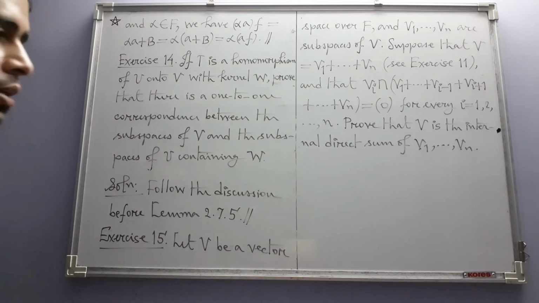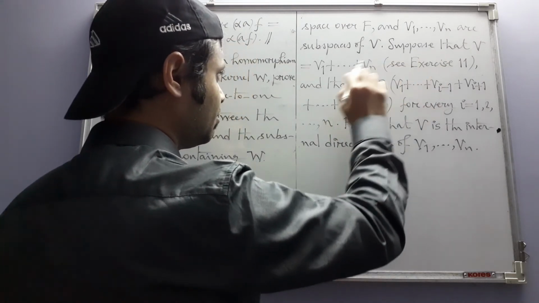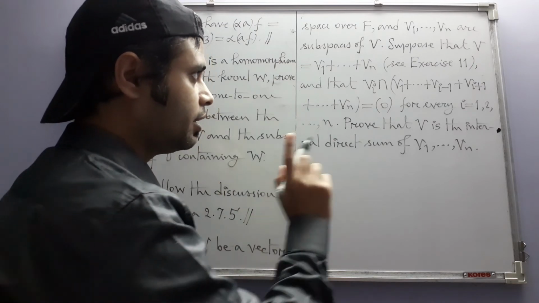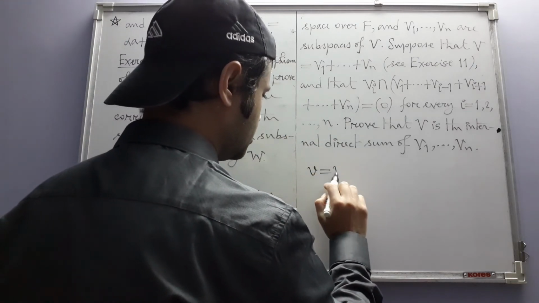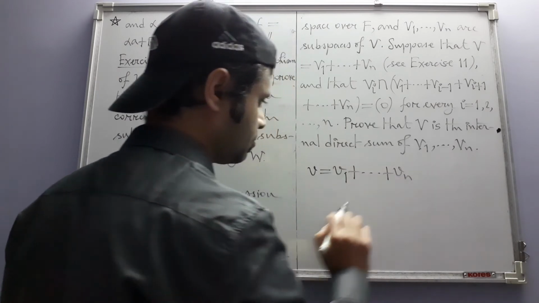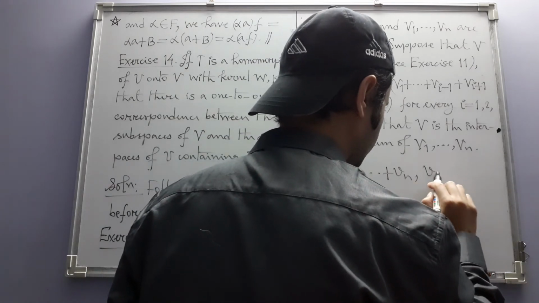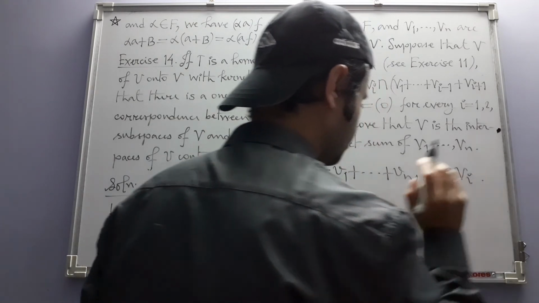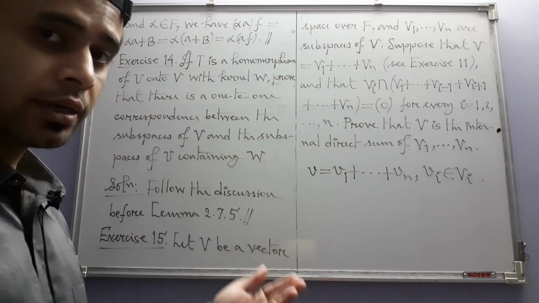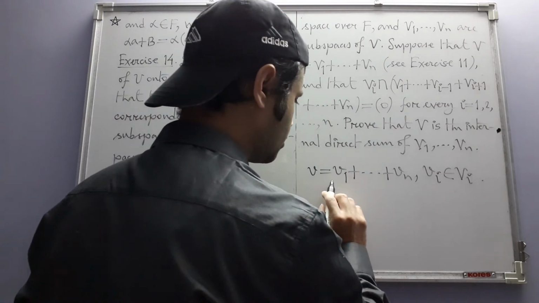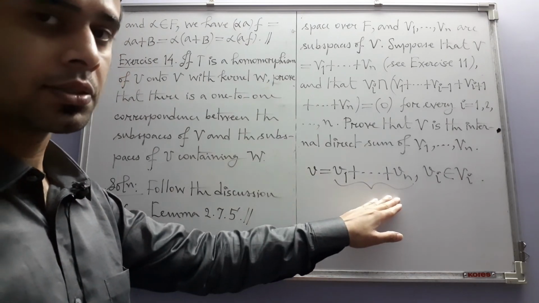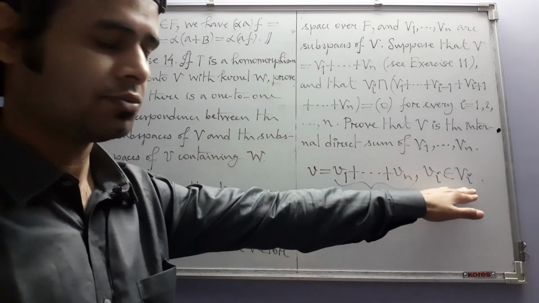The solution is very easy actually. Since it's given that V is the sum of these subspaces, every element v in V is expressible in this form, where vi belongs to Vi. To prove that the sum is a direct sum, you have to show that this expression of v as a sum of vectors of the Vi's is unique.